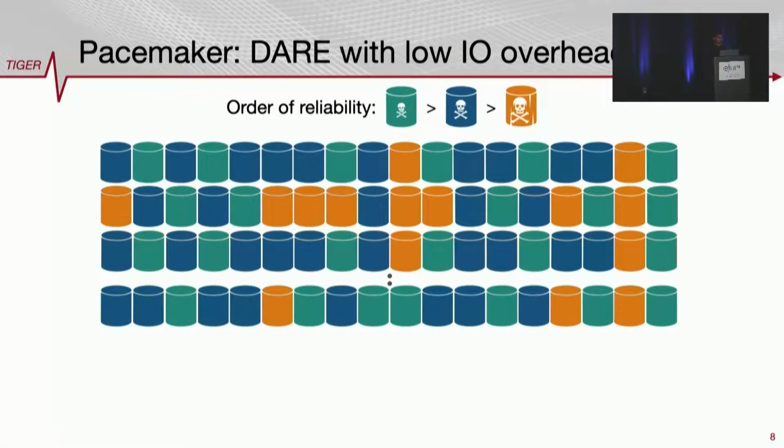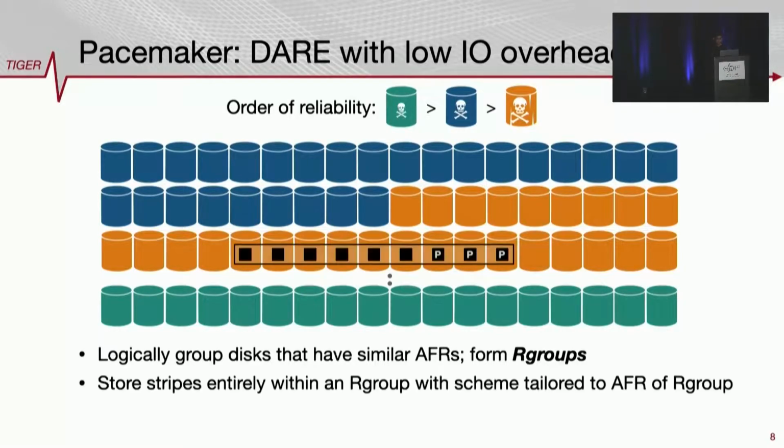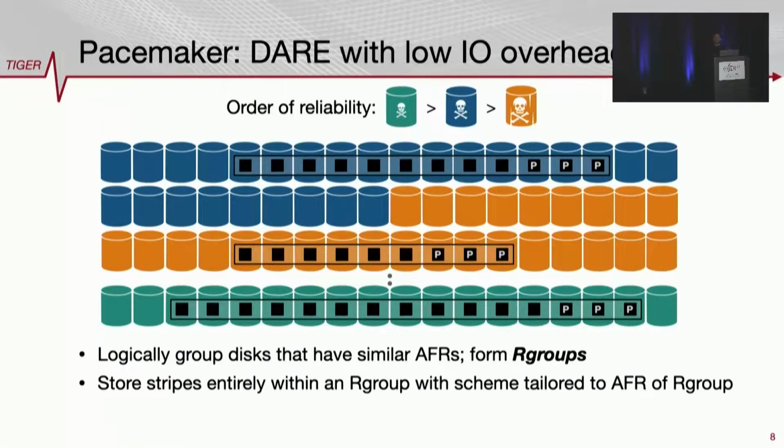Now, the state of the art system before Tiger, Pacemaker, the way it achieved disk adaptive redundancy was to first logically group disks that belong to a certain failure rate, and Pacemaker called them redundancy groups, or R groups, and stripes were laid out entirely within an R group. Now, which scheme was used in an R group was dependent on the observed failure rate of that particular R group.